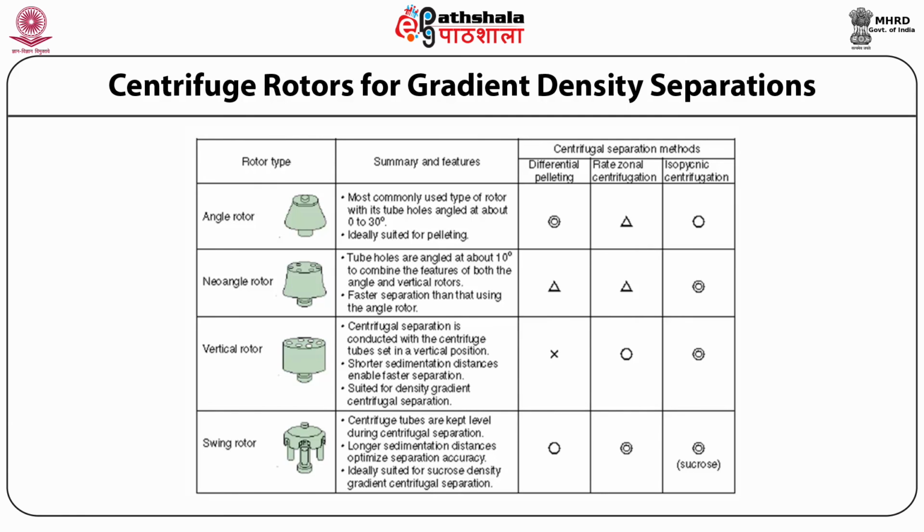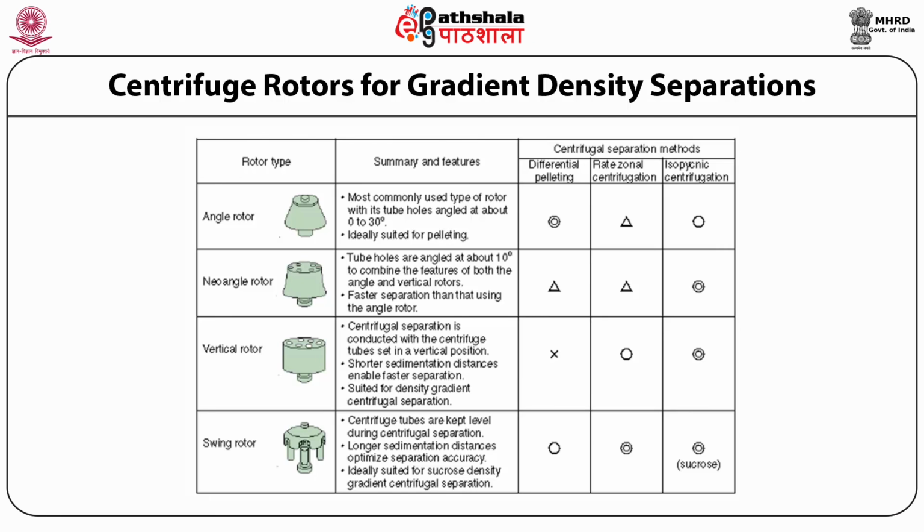Then the vertical rotor. The centrifugal separation is conducted with the centrifuge tube set in the vertical position. In such a rotor, the liquid column is held parallel to the axis of rotation and the centrifugal force is applied at a right angle to the axis of the tube.